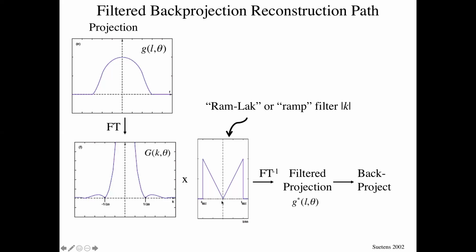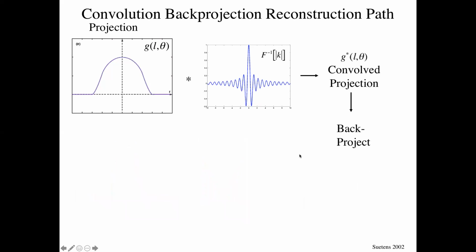We basically have no zero component here, and then it amplifies the high spatial frequency. Not a commonly used filter, because basically it's going to make everything noisy, and it gets rid of all the mean value of the object. So we multiply by that filter, take the inverse Fourier transform, and we get this set of modified or filtered projections, and we back project those to get the object.